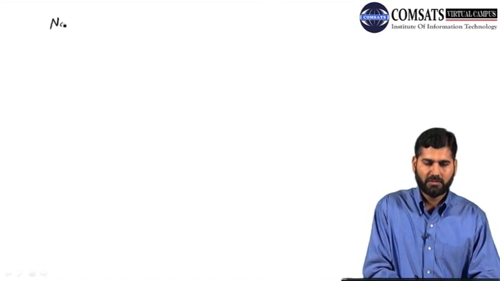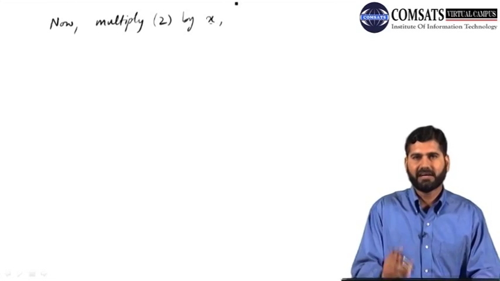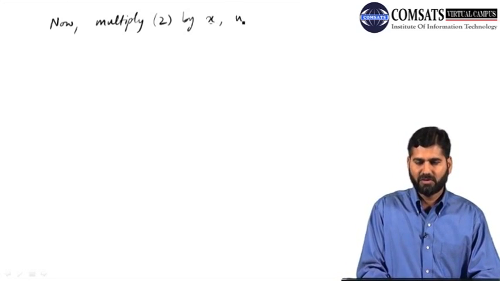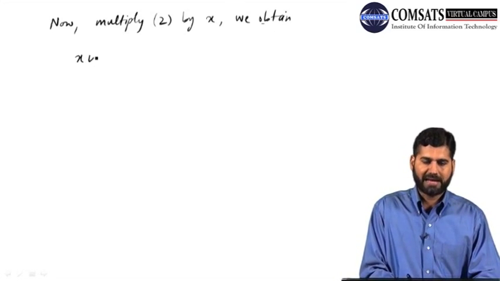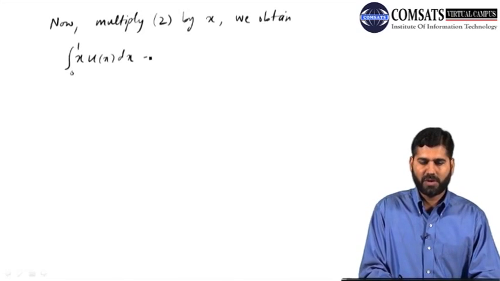Now multiply 2 by x, because this is our second function of x in the degenerate kernel. We obtain the integral of x u(x) dx from 0 to 1 is equal to the integral of x squared from 0 to 1 dx.